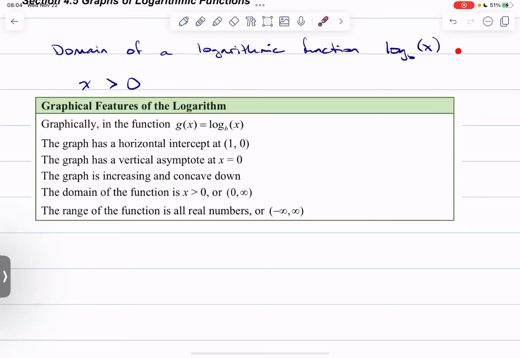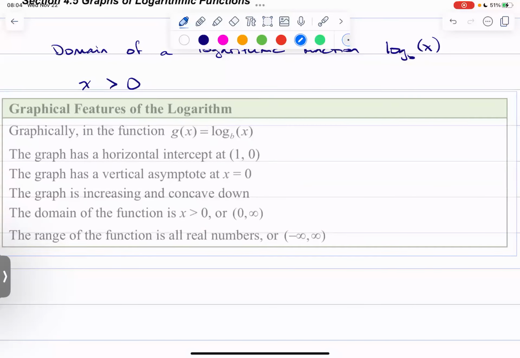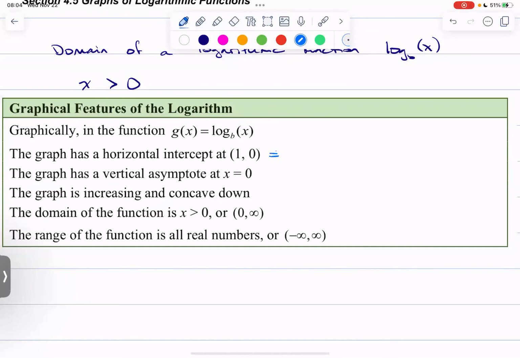Anything to the power of 0 is 1. This is because log base b of 1 is 0, since b to the power of 0 is 1. So that's a fact. If you try to take the log of 1, you'll get 0.